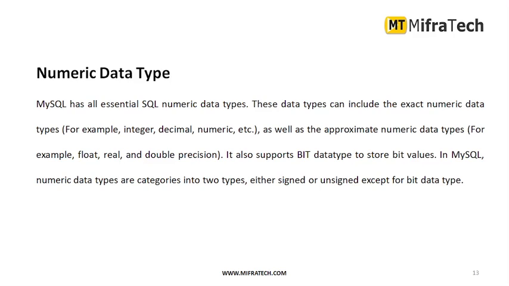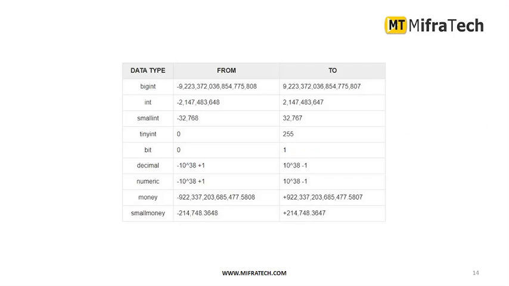In MySQL, numeric data types are categorized into two types, either signed or unsigned, except for the bit data type. Here you can see bigint and where its numbers start and end. Bigint holds very big numbers, and int runs from -2147483648 to 2147483647, and smallint up to 32767.